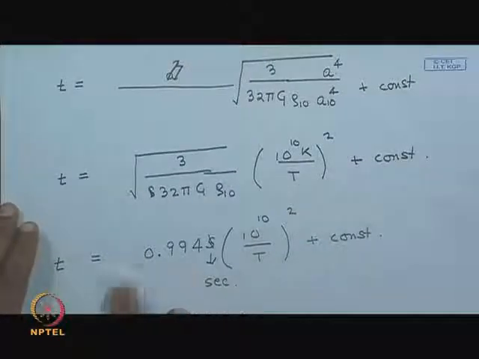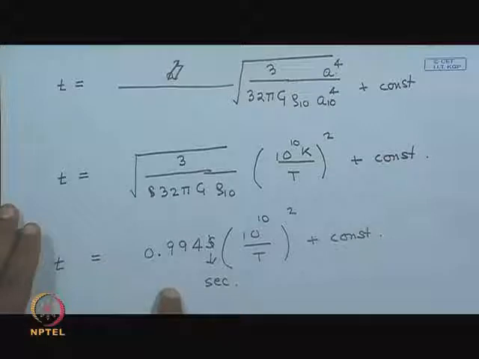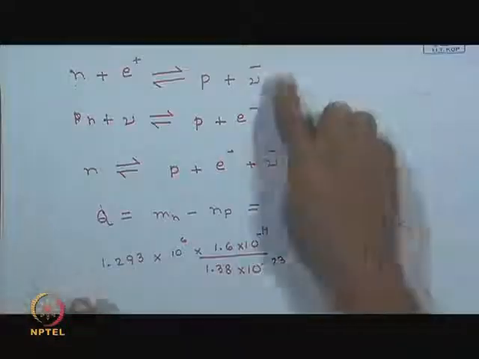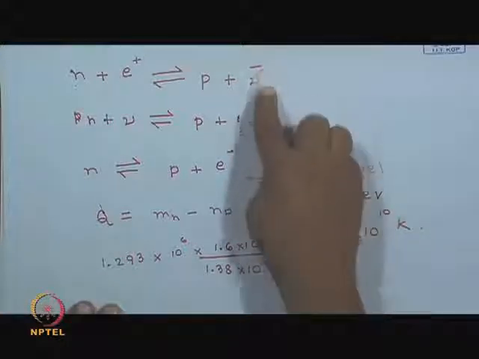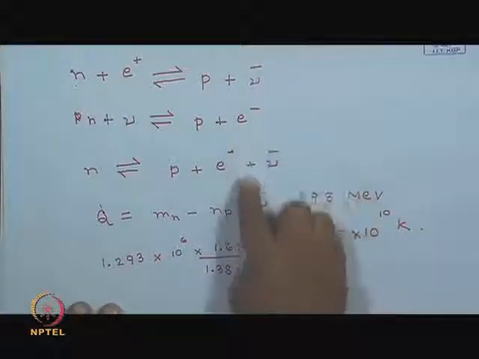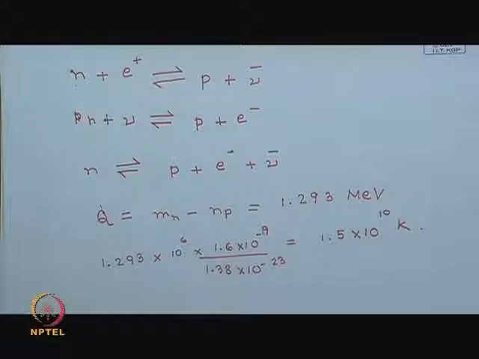We did this in the last class, during the epoch where the temperature is 10 to the power 10. These are all weak interactions, so the reaction rates can be calculated if one knows how to calculate the weak interaction reaction rates.